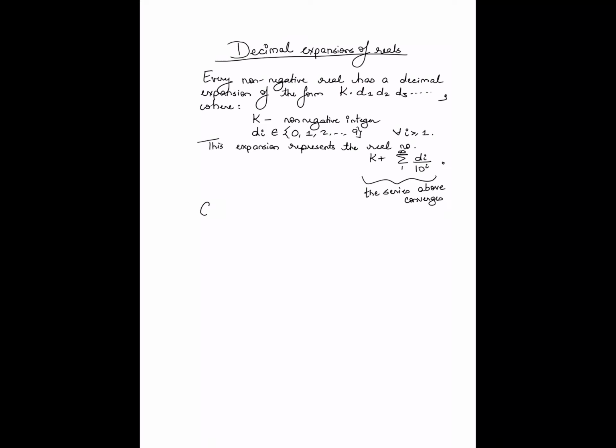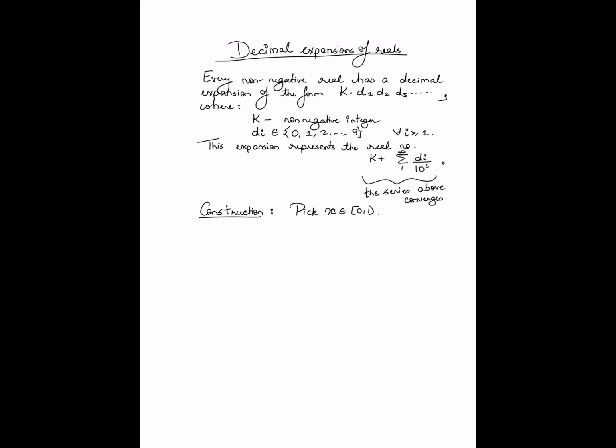So let's first talk about construction. For simplicity I'm going to pick a number x which is between 0 and 1. An analogous argument applies of course to any non-negative real, which in turn can be extended to any real.